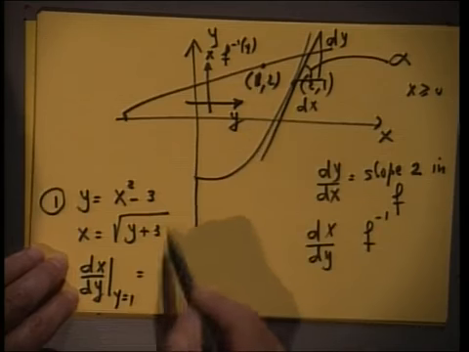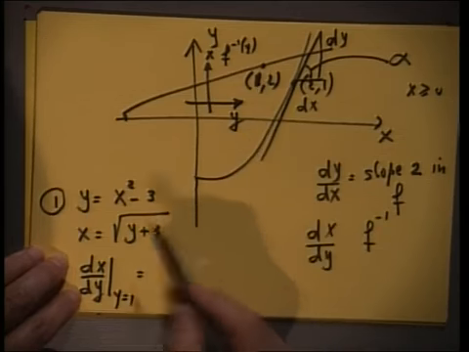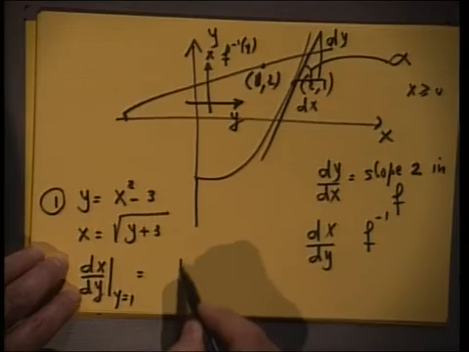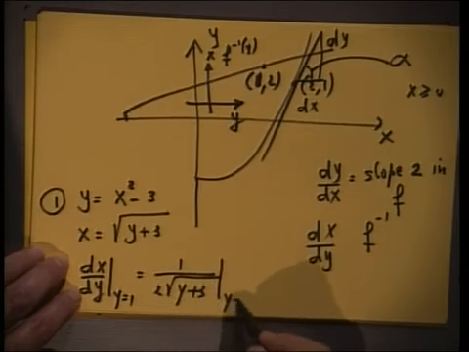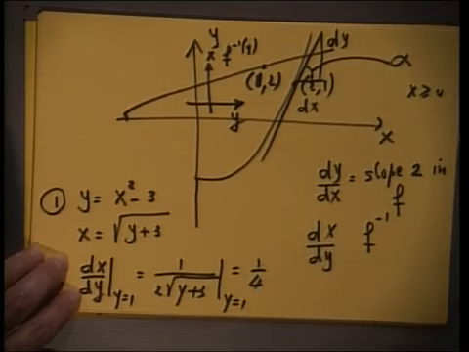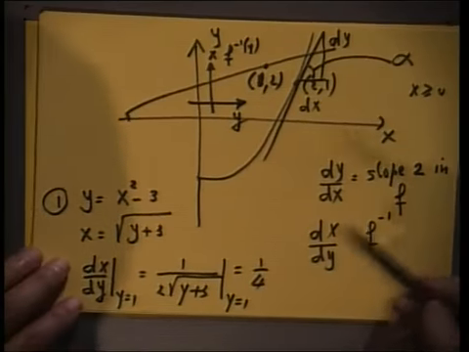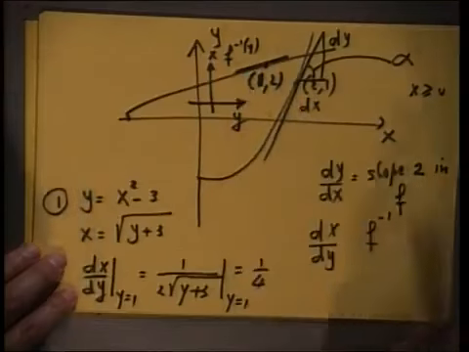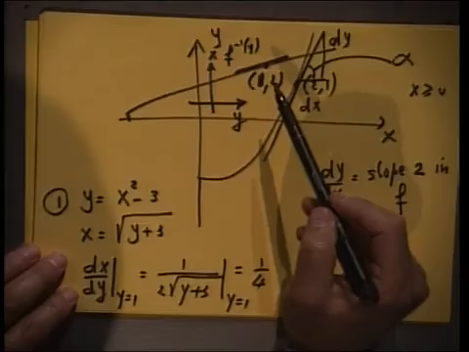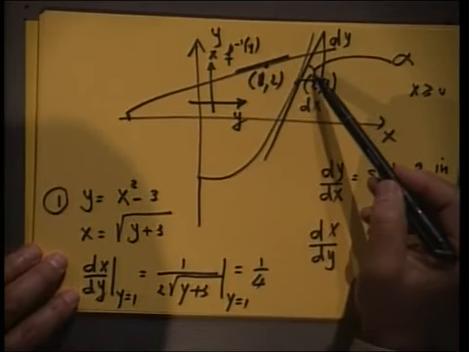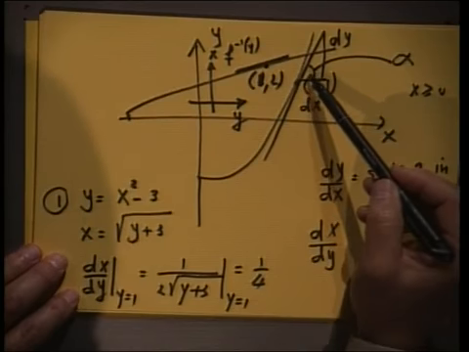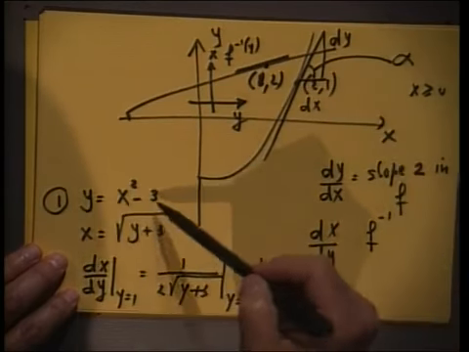So all you have to do is differentiate this, and now we know it very well. This is y plus 3 to the power half, so you get half divided by the square root of y plus 3, and you substitute y is equal to 1 to get 1 over 4. What is 1 over 4? It is the slope of the tangent at the point 1 on the inverse function, or it is 1 over the slope at the original function, because the slope here is dy by dx of x squared minus 3, which is 2x.